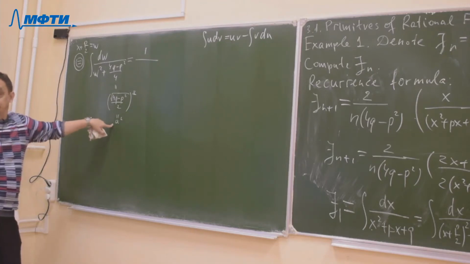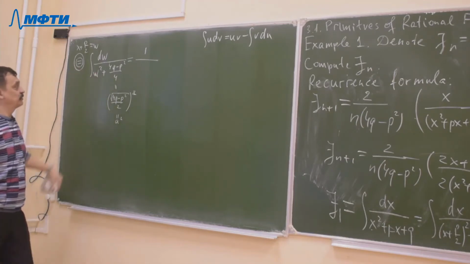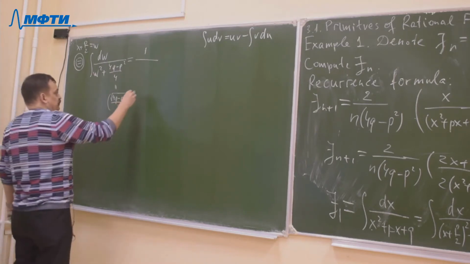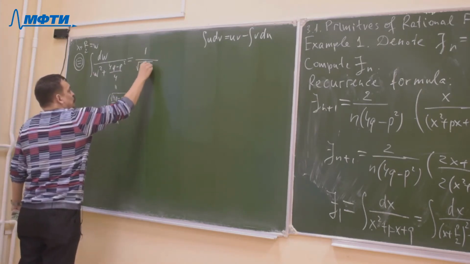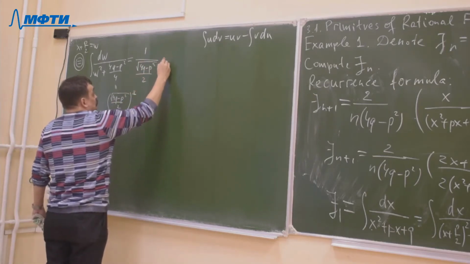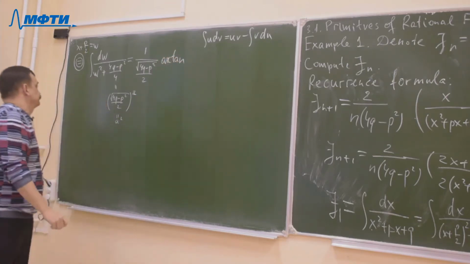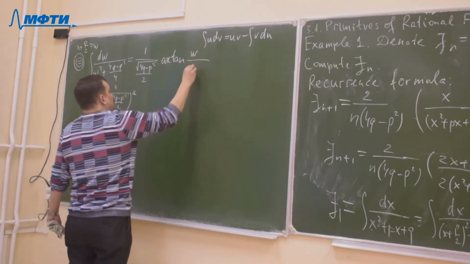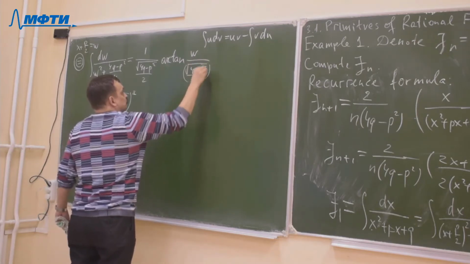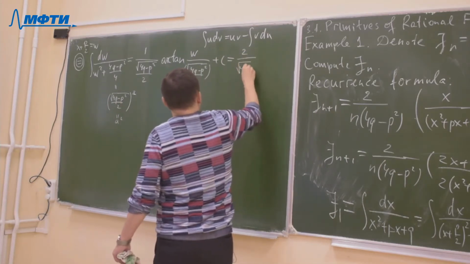When we have a, of course you can take this term outside and make a substitution once more, but I'll write the answer: 2 over square root of 4q minus p squared, times arctan of w over square root of (4q minus p squared) over 2, plus c.